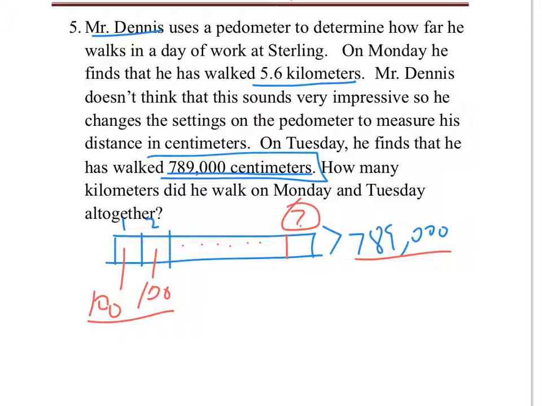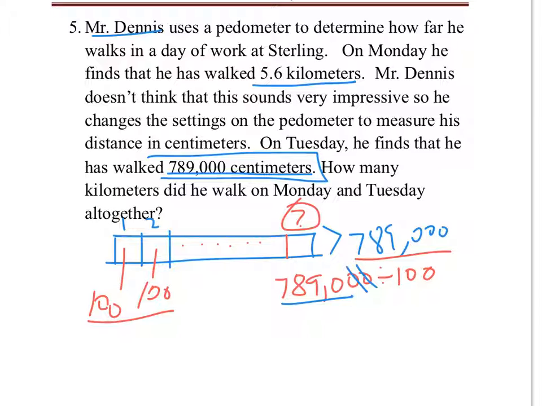So this is a division problem. Okay. And so if you have 789,000 divided by 100. Well, dividing by 100 is just like removing the two zeros. And so we have this many meters, 7,890.